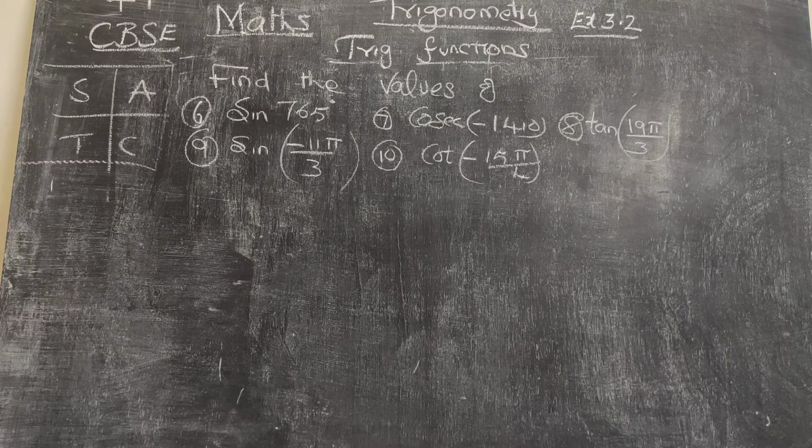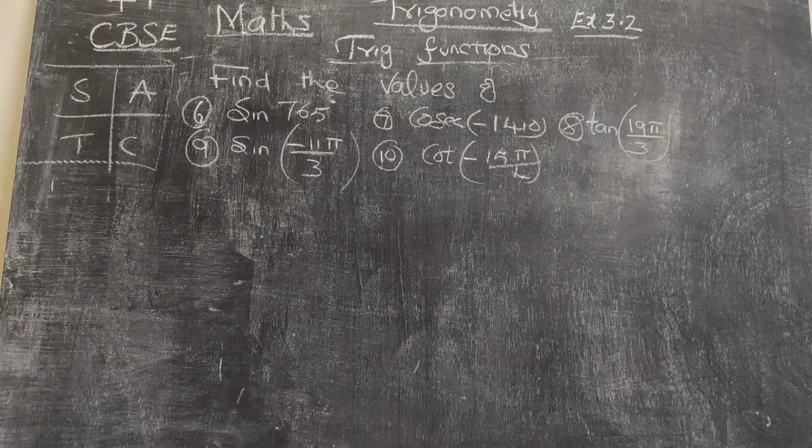The given angle should be written in terms of pi plus or minus, or pi by 2 plus or minus, odd multiples of 90 plus or minus, even multiples of 90 plus or minus. I prefer even multiples of 90, otherwise pi plus or minus, 2 pi plus or minus. In that way I want to write the given angle.